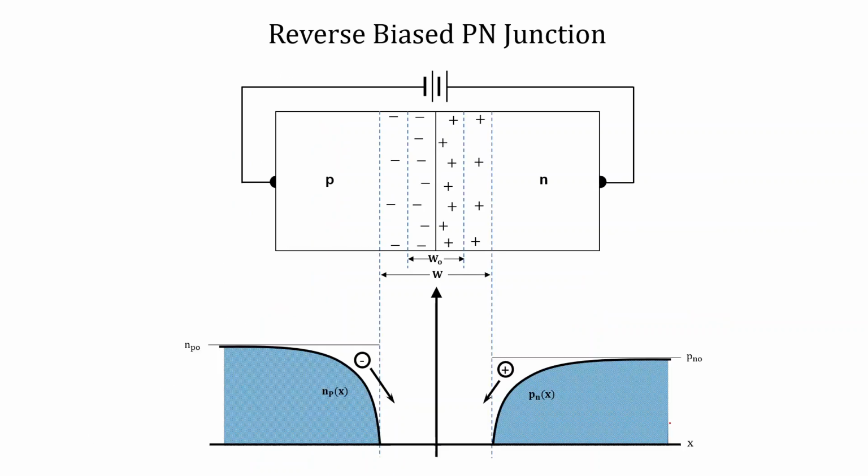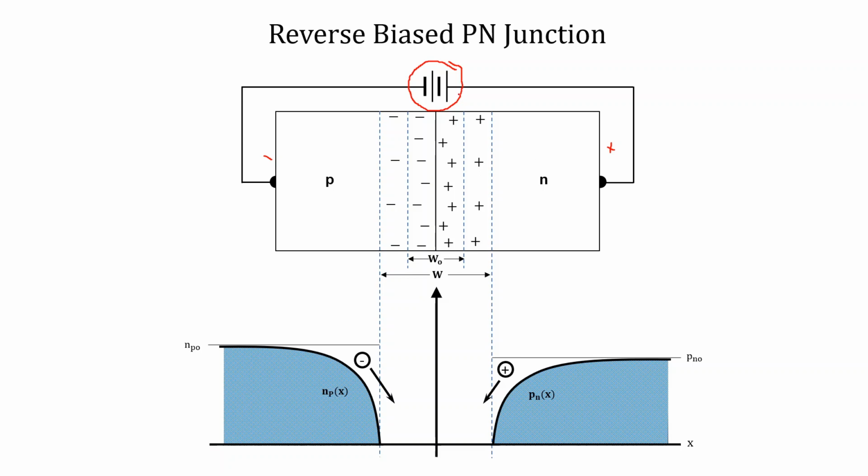Now what happens if you reverse bias this PN junction? This is also easy. Suppose that you have applied a negative voltage on the P side with respect to the N side, so you reverse bias this PN junction.